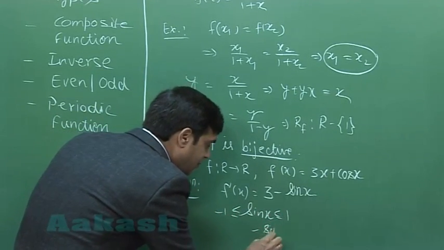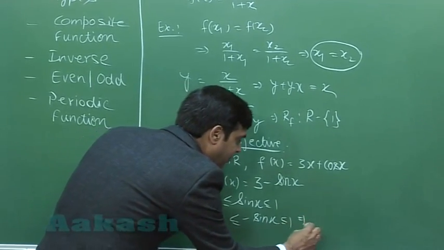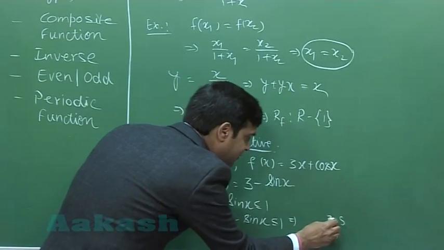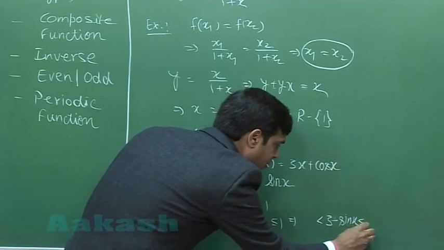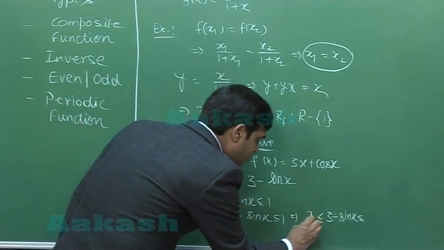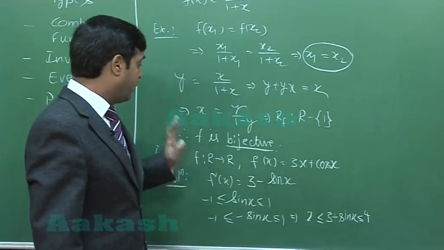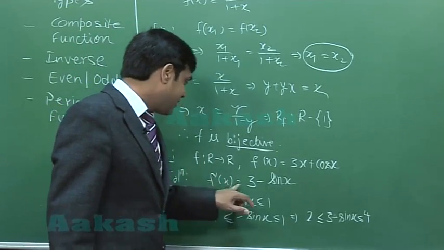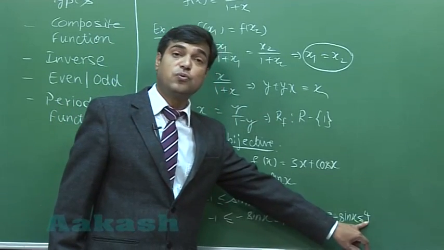So obviously -sin x is also lying between -1 and 1, giving me, after adding 3 on each side, that 3 minus sin x is lying between 2 and 4. Now, what we see here is that f'(x) is equal to 3 minus sin x, which is lying between 2 and 4.